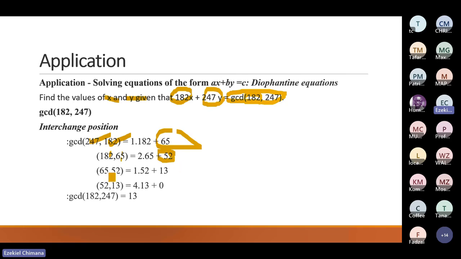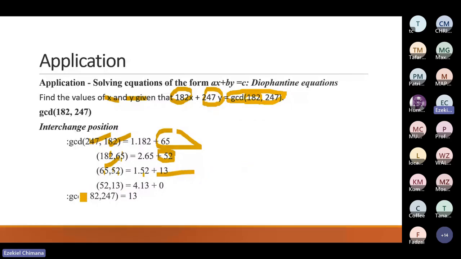After that, your previous B will become your A, and your remainder will become your B, and you do the same, 52 into 65. You get 1, remainder 13. That's why we've got 1 times 52 plus 13 here.